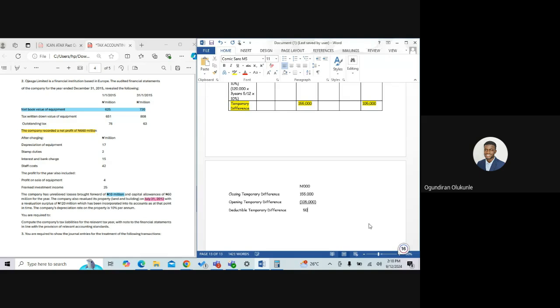That should be 50,000. Then you have deferred tax assets. How much is deferred tax assets?